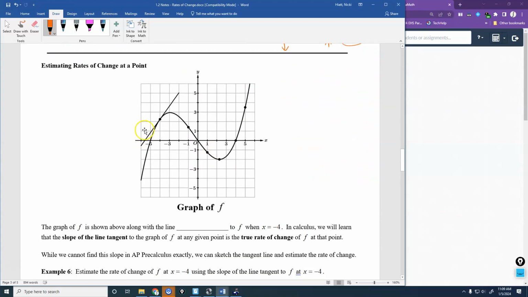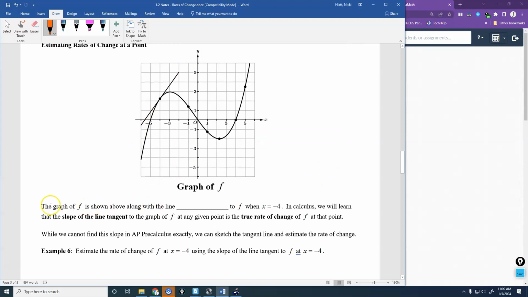All right, here is a picture of a tangent line example. Okay, so the graph of f is shown above along with the tangent to f when x equals -4. So this line right here that they've drawn in here, this is your tangent line.